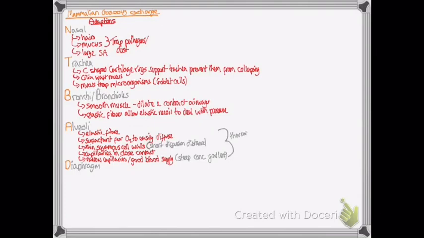Finally, we have the diaphragm and all of the other breathing muscles. The diaphragm basically changes the volume of the lungs, and it ensures that fresh air is constantly getting into the lungs.